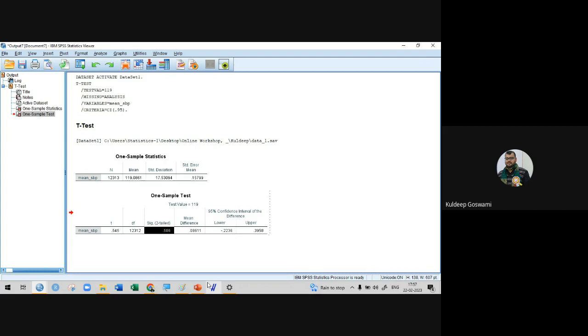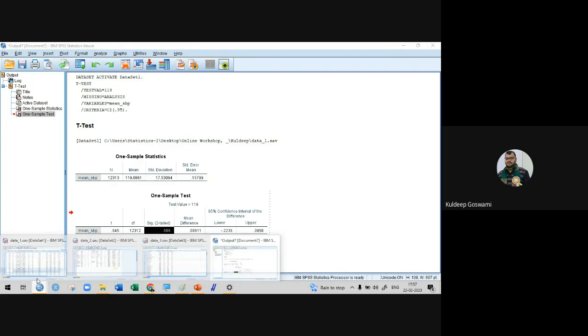So sometimes people say that t-test or any kind of parametric test can't be used on a Likert scale. There are many more discussions available on ResearchGate about the use of parametric tests on a Likert scale. You had better go through them. Okay, so this is an example of one sample t-test.